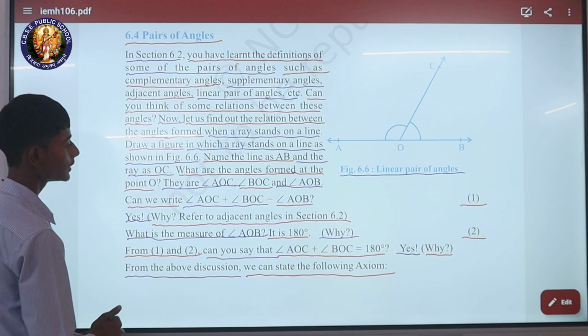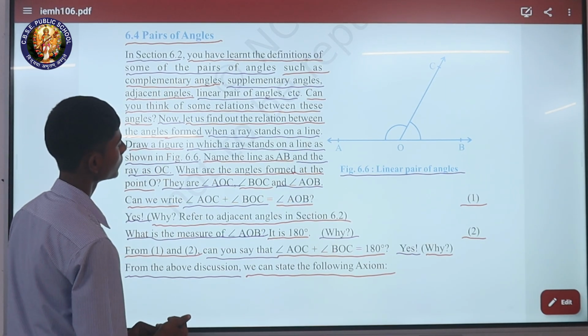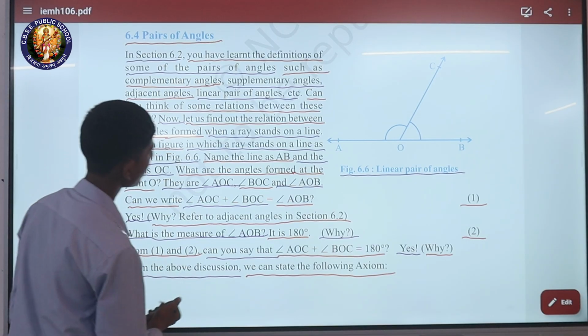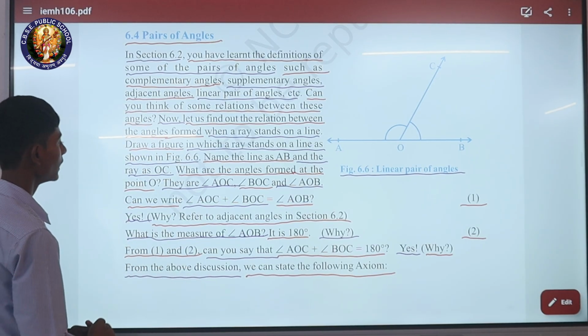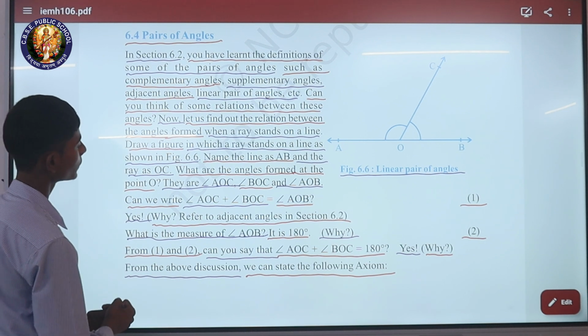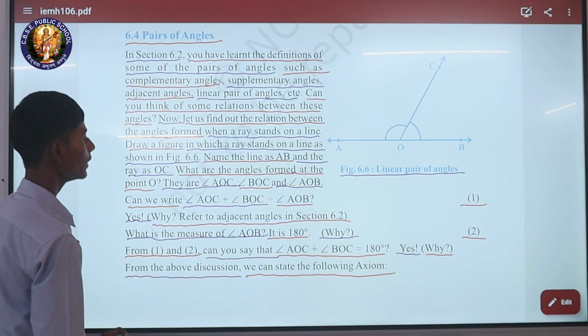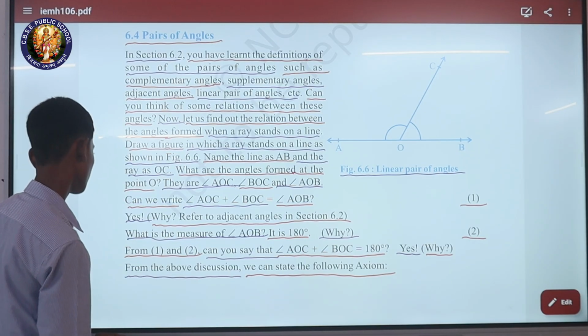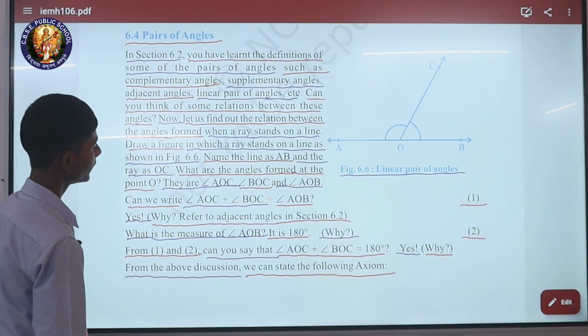They are angle AOC, angle BOC, and angle AOB. Can we write angle AOC plus angle BOC is equal to angle AOB? Yes.